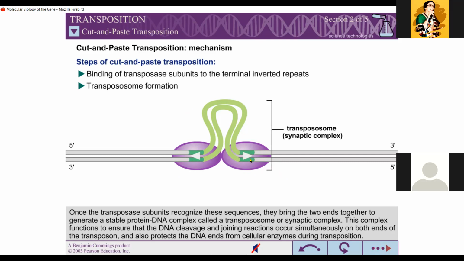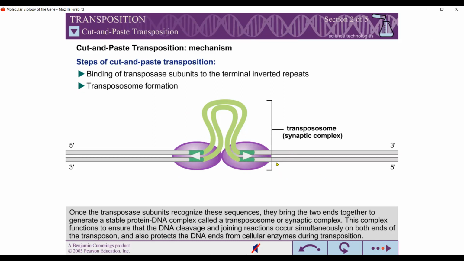You cannot cut the DNA and allow it to loosely roam about, so the cutting and joining reactions take place simultaneously on both ends. It also protects the ends of the DNA from cellular enzymes during transposition.